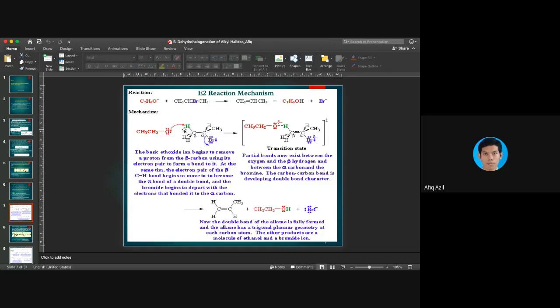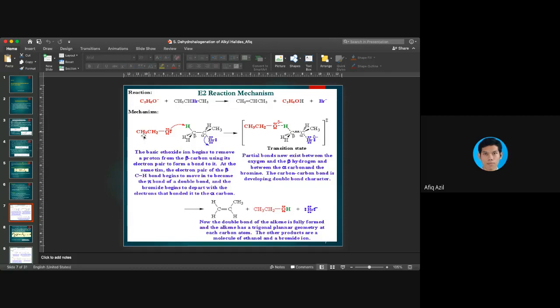So it doesn't matter. Same as well if you attack this hydrogen over here. Why? Because this bromine is on the middle carbon. So we call this one symmetrical lah. Okay, if it's unsymmetrical, yang itu kita tengok kemudian later.